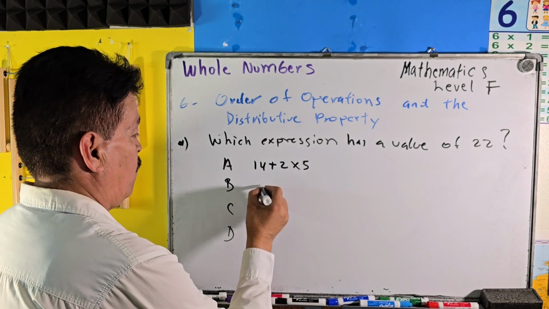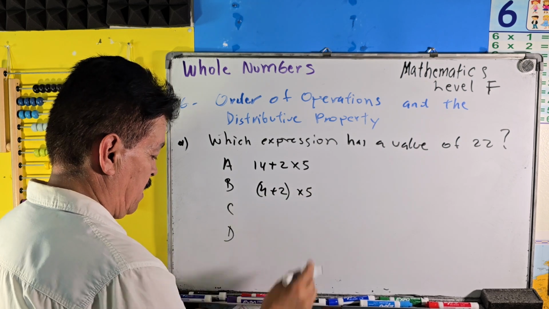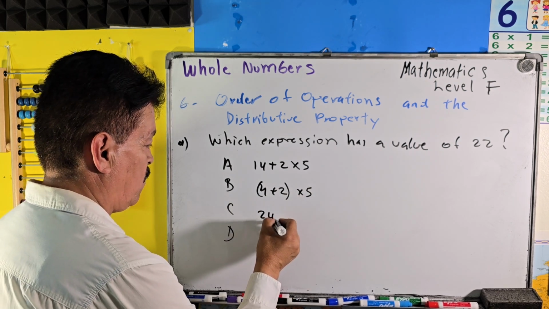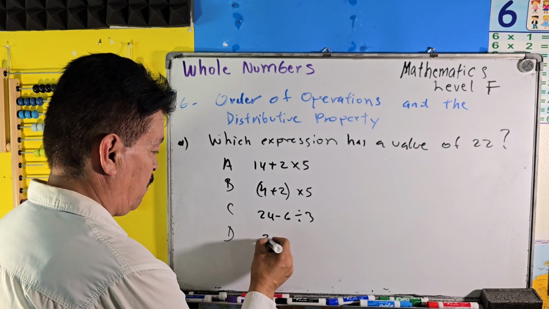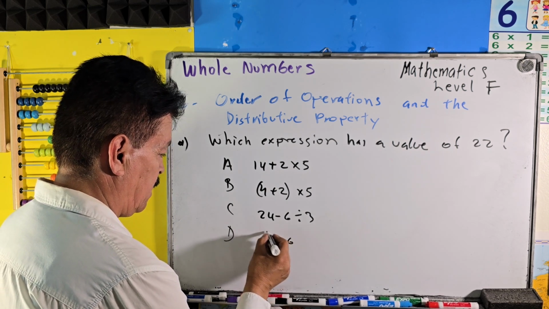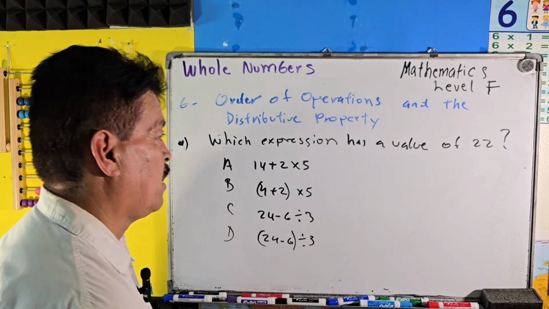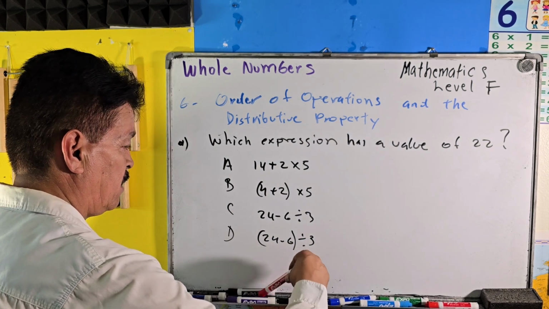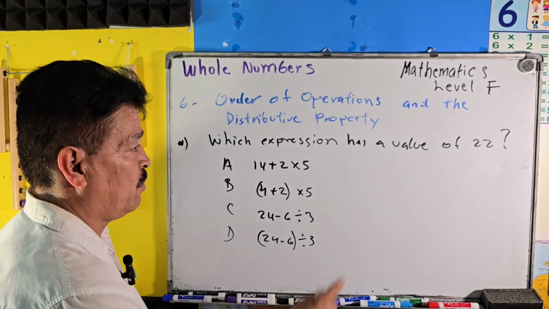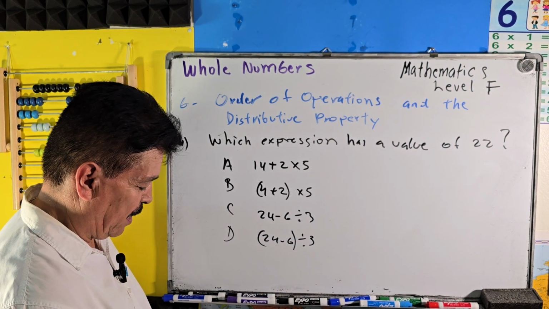Next one 4 plus 2 times 5. Next one 24 minus 6 divided by 3. And then 24 minus 6 divided by 3. So we have to find the right answer here.